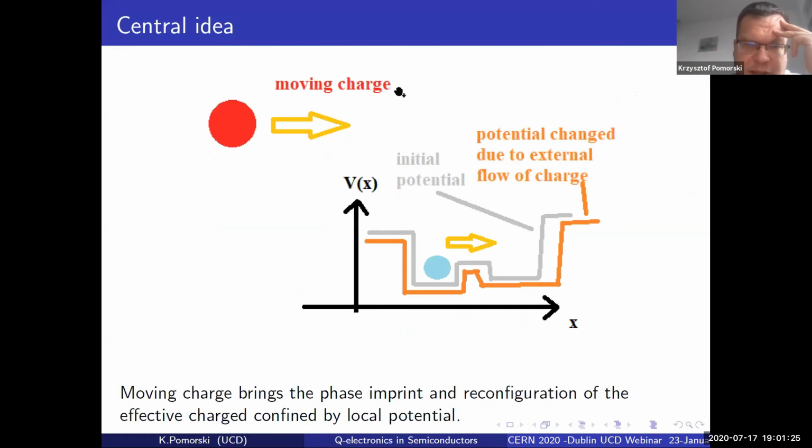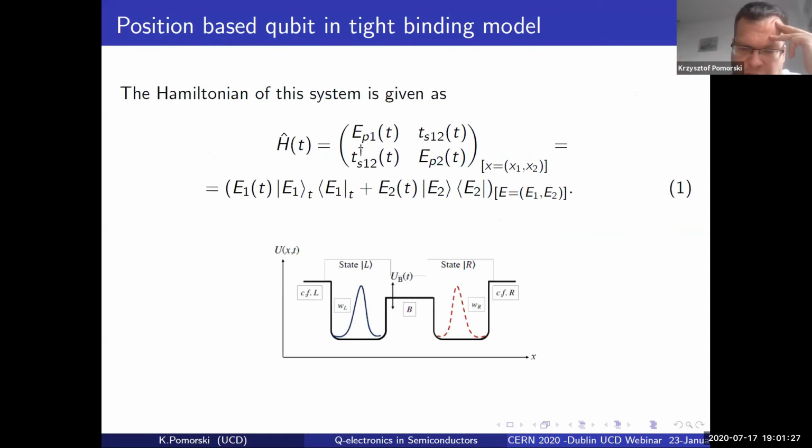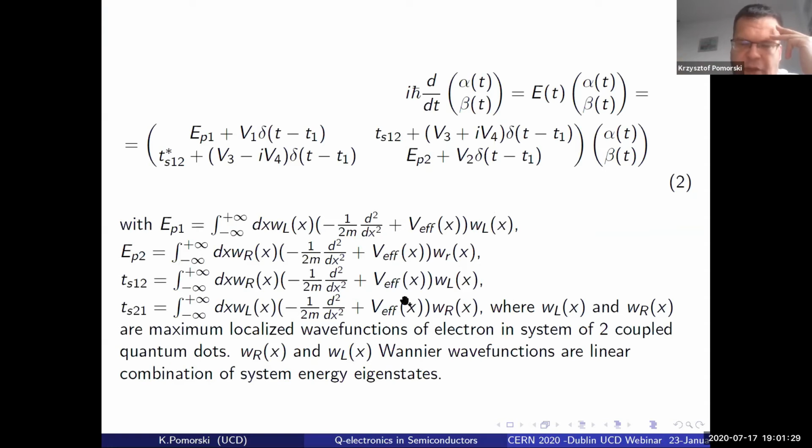So those 3 gates are generating this effective potential. So you can imagine that if there's a passage of an external particle, there is additional added potential for a moving particle. So this is a full prescription of how these parameters will change with time when we use this tight binding approach.